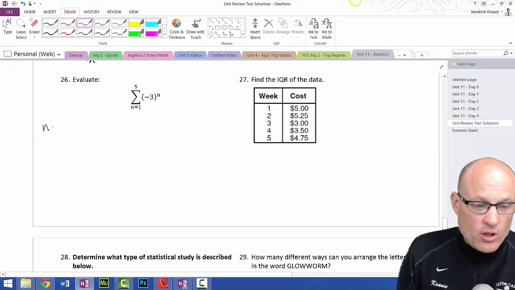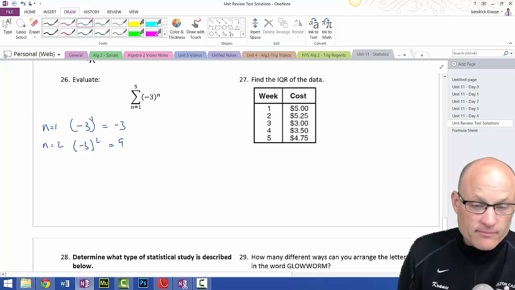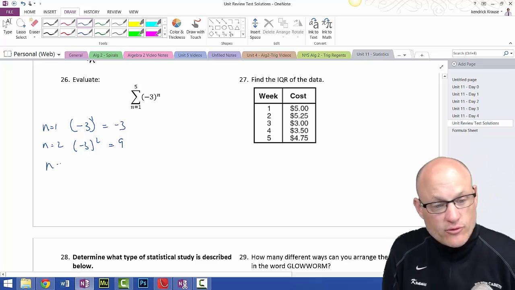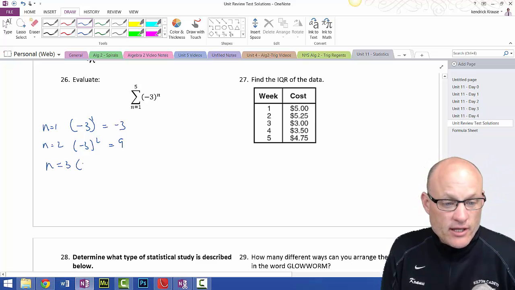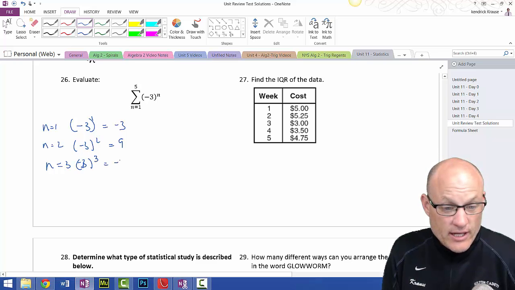If n equals 1, we have negative 3 to the 1st, which is just negative 3. Then n equals 2: negative 3 squared is 9. Then n equals 3: negative 3 to the 3rd is negative 27.